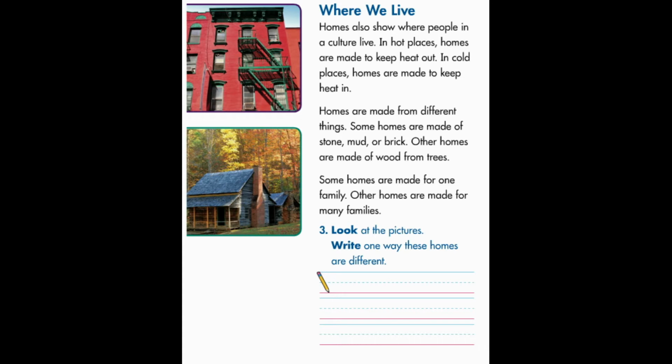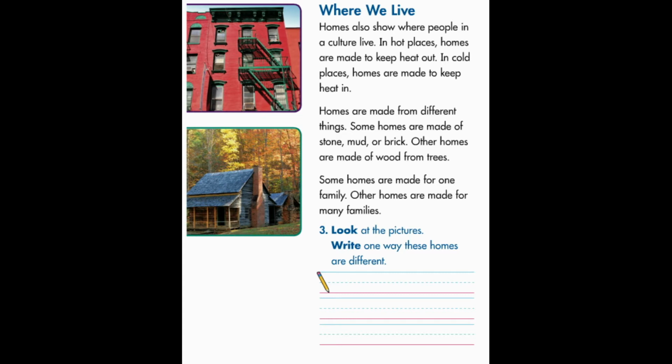What do you notice when you look at those two pictures? When I look at the two pictures, I notice that the top one, the red building, has a lot of windows. I wonder what that means. I also notice that there's a staircase on the outside of the building. I think that is a fire escape.